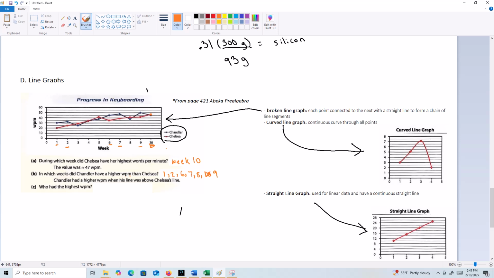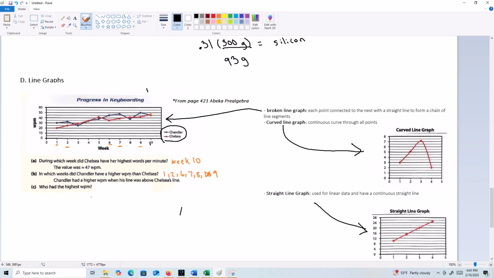So they're not higher there. Let me erase them. I didn't mean to erase my 10. All right, so not higher at 10, they're tied there.